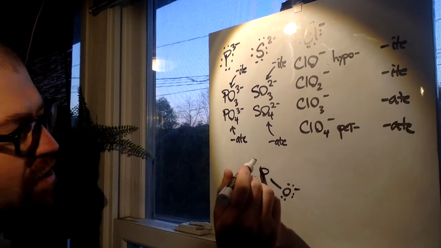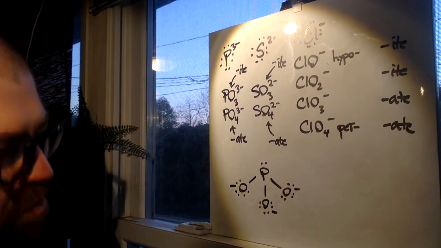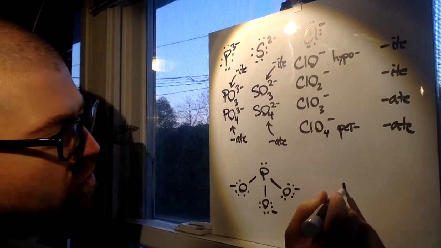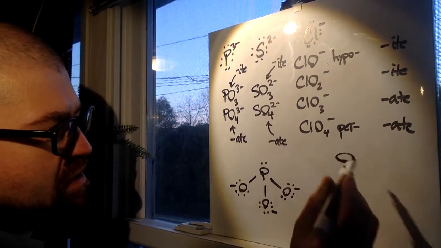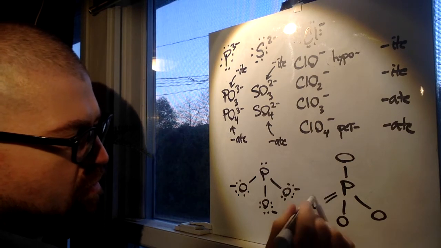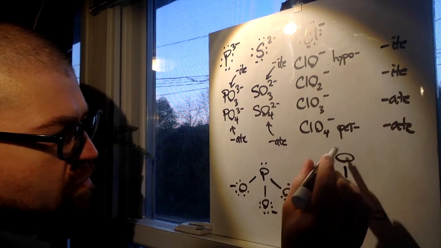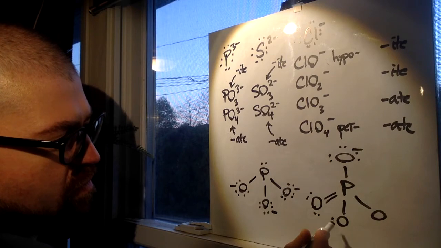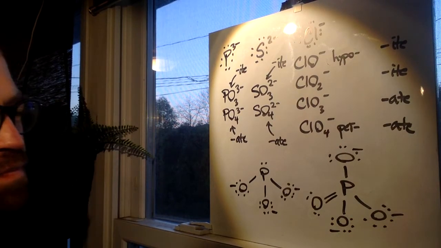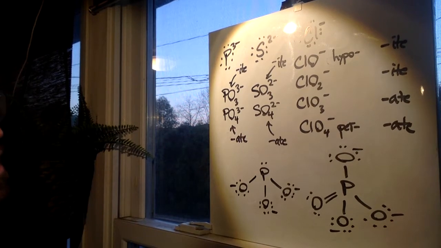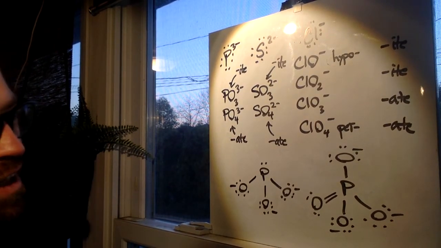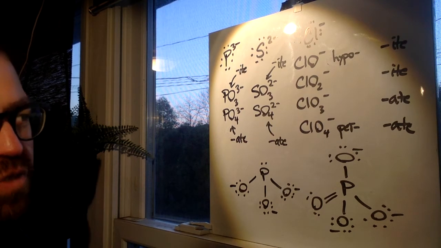And you would have an unshared pair remaining, and that would have to be on the central phosphorus. Here for our phosphate, and there we go.